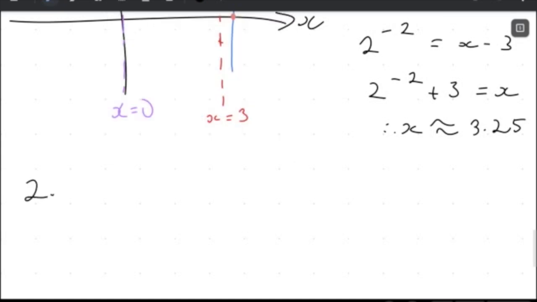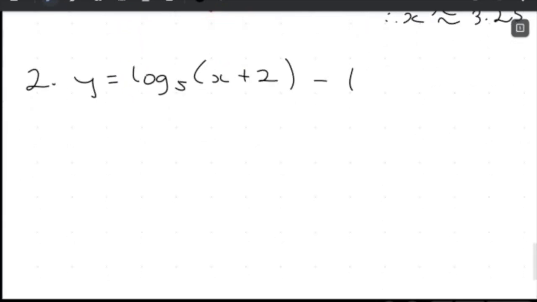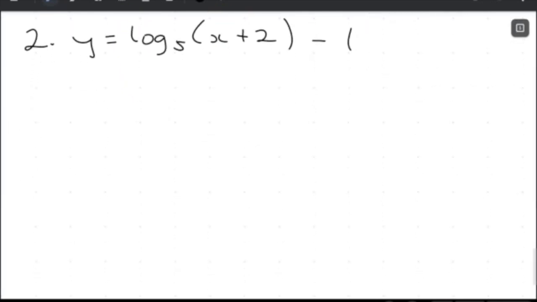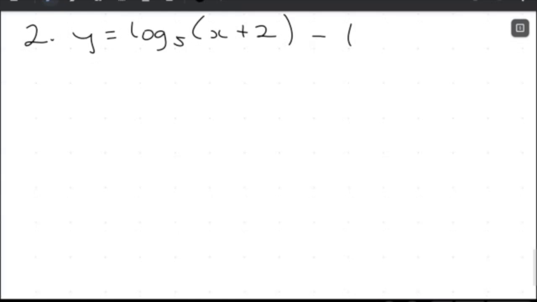So in example 2, we are trying to sketch the graph of y equals log to the base 5 of (x plus 2) minus 1. Okay, so let's draw this, once again starting with our regular log graph and then applying the transformations.